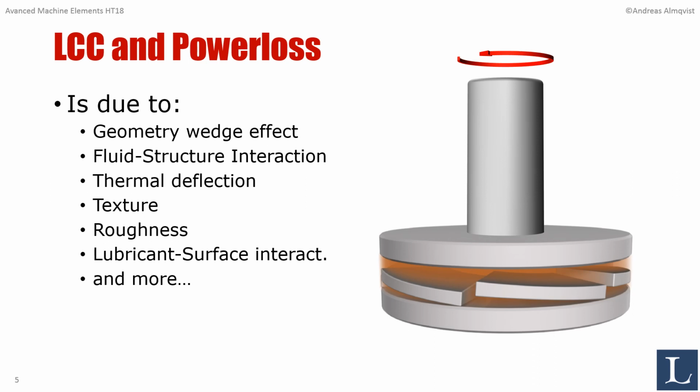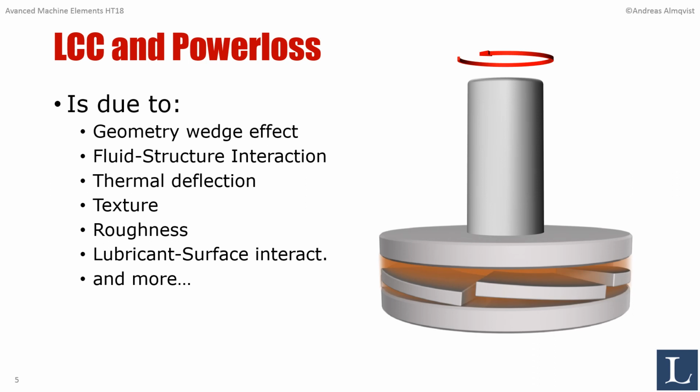We can have a texture that can be beneficial, of course, can be implemented both on the segment itself and on the collar. Roughness is something that we can't get rid of. There will always be roughness apparent at some kind of scale, and the roughness is never a good thing for the bearing.